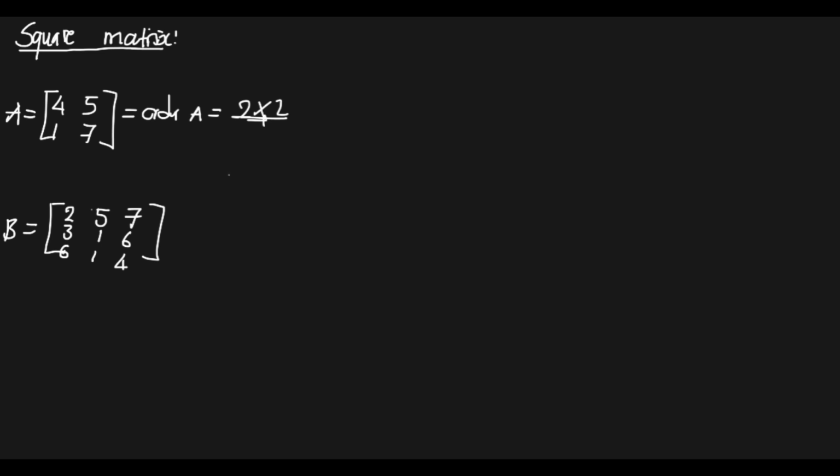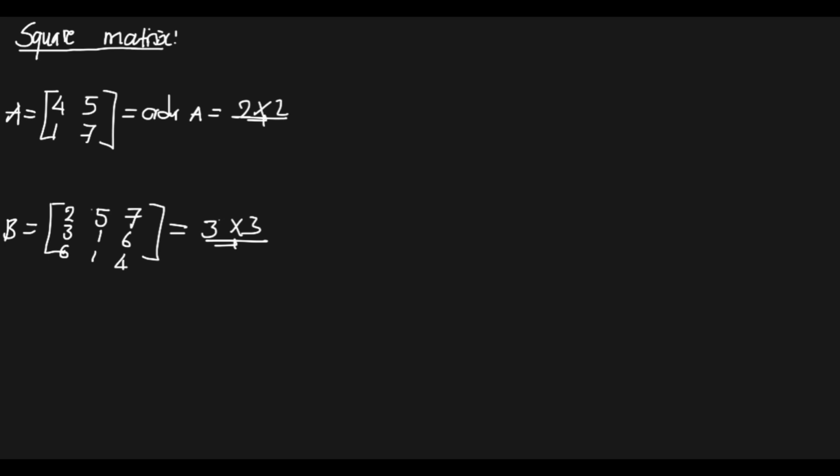We have 2 rows and 2 columns. Then the order of matrix B is a 3 by 3 matrix.